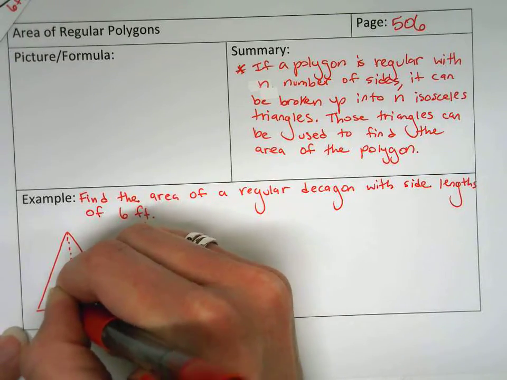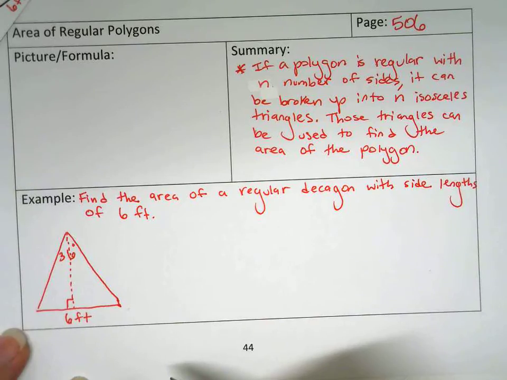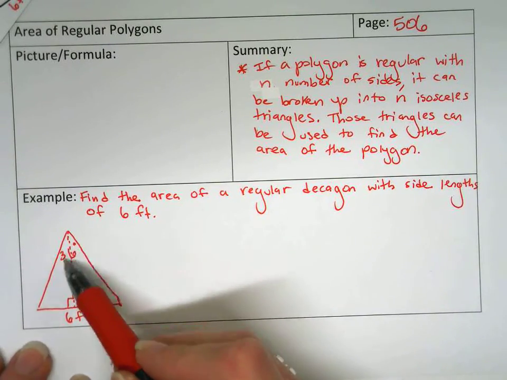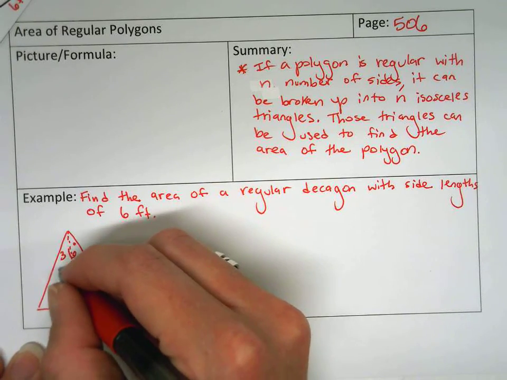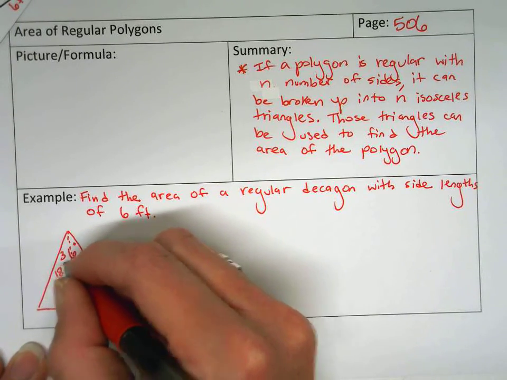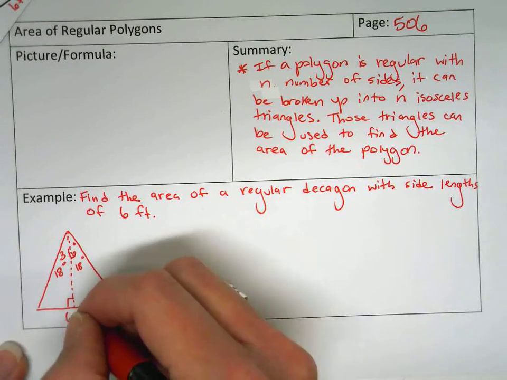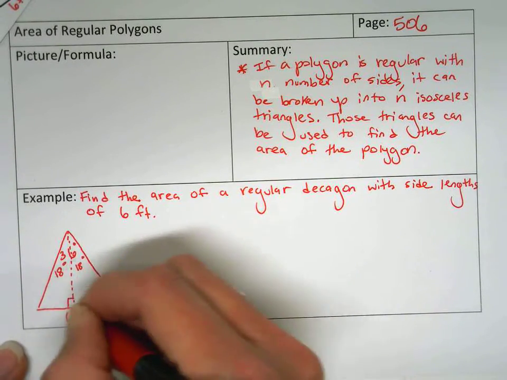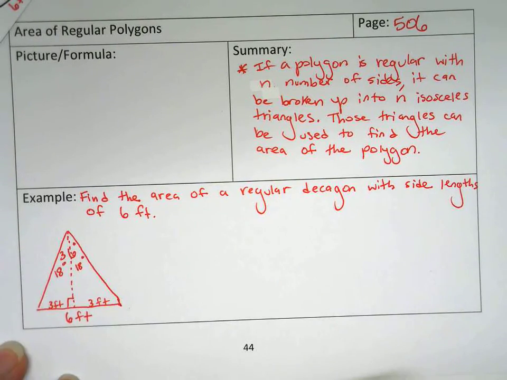And we need to find the height in order to find the area of this triangle. Since this angle up here is 36, and we're cutting it in half, we know that this angle is 18 degrees, and this angle here is 18 degrees. We also know we're cutting this base in half. This base here is 3 feet, and this piece is 3 feet.